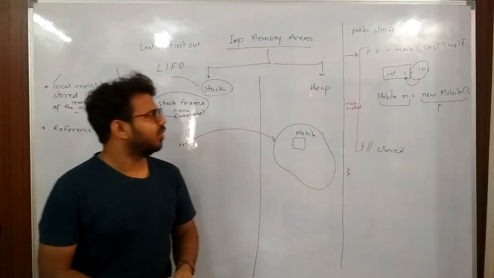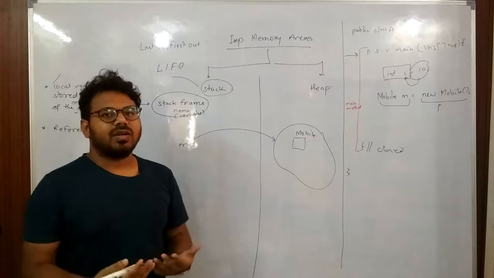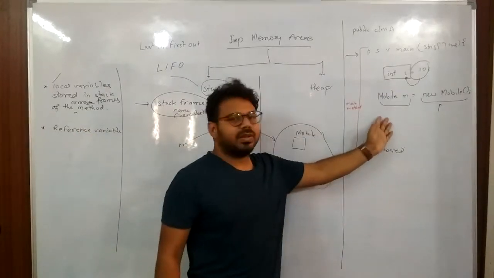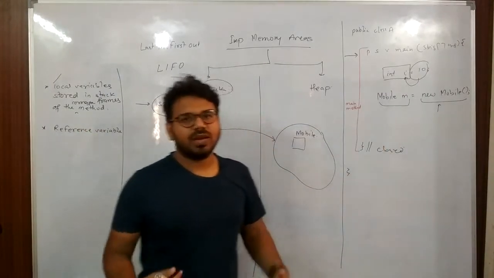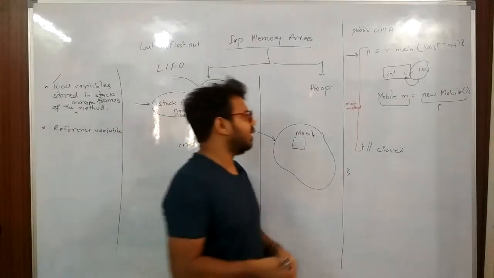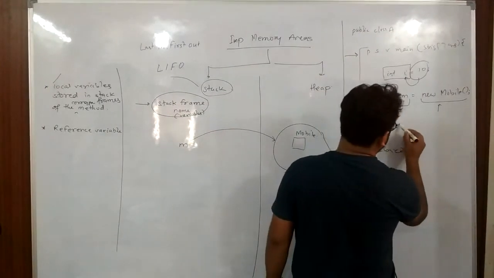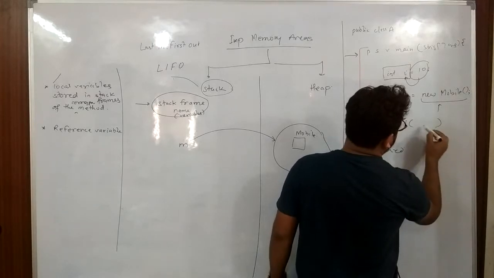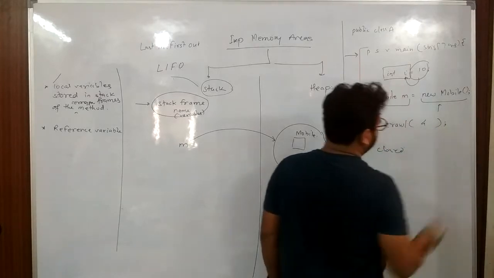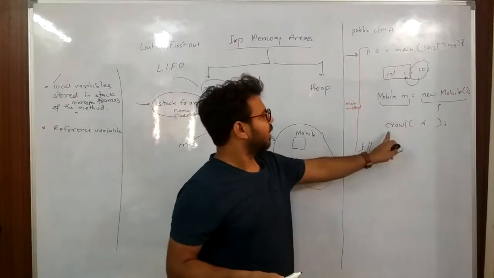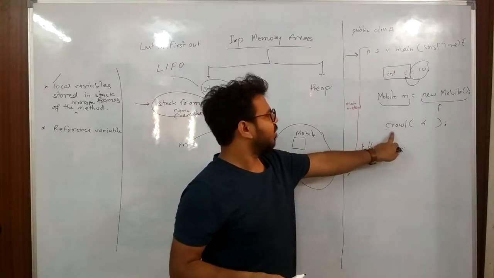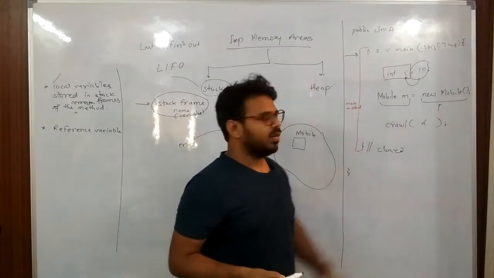Now think of a scenario when we are having another method called inside this main method. What will happen at this line? Suppose I have a method crawl, and I am passing value 4 to it. We have a new method, this crawl, and we are calling it by passing the value.